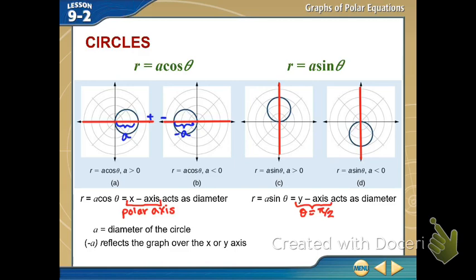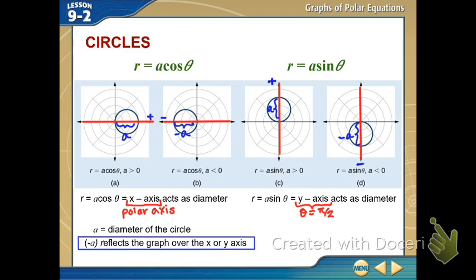And then the other thing we're going to notice is that, again, the diameter is a. If it's a positive value of a, we're going in the positive direction for y. If it's a negative value of a, we're going in the negative direction for y. And that's just literally every other graph we've ever looked at. When you have a negative leading coefficient, it flips the graph over its axis of symmetry.